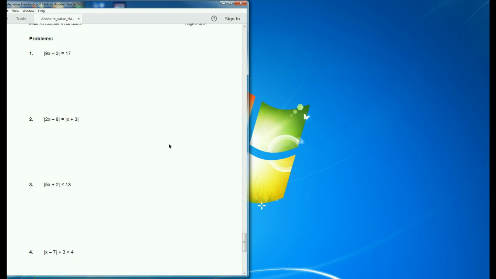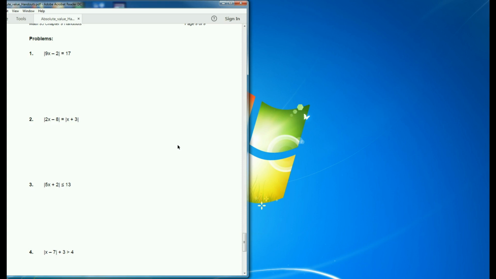Write your answers in interval notation for the inequalities. For the equations, it's just going to be discrete values for x, so just write x equals whatever. I don't care how you write it, but make it very clear: circle or draw something around your answer, and then scan or take a picture and send it to me by this Sunday.